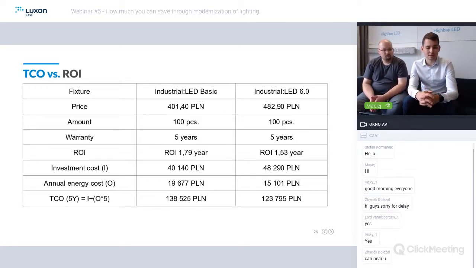And the TCO then actually blows up, because the client finds out that the savings on energy is almost nothing compared to the total cost of ownership of the new, better lighting solution.